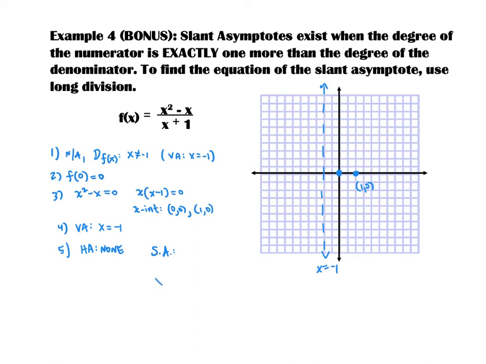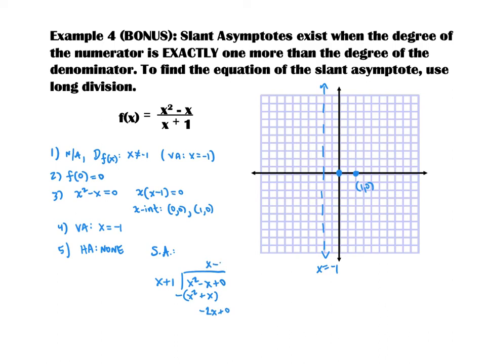I'm going to take x plus 1 and divide it into x squared minus x plus 0. So x times x gives me x squared, and x times 1 gives me x. I'm going to subtract. That gives me negative 2x. I'll drop down the 0 just for the heck of it.